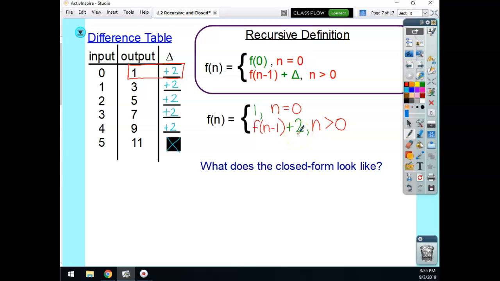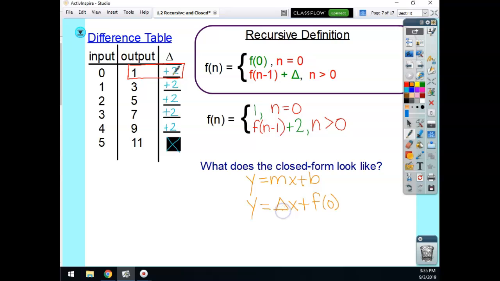Okay? The closed form is simply y equals mx plus b. We just changed it a little bit, so here it will be y is equal to delta x plus f of 0. This f of 0 just means your output at 0, or your output when your input is 0.